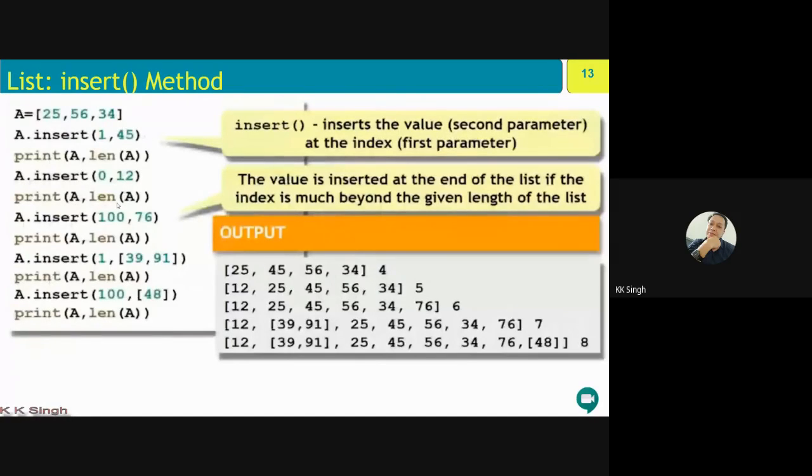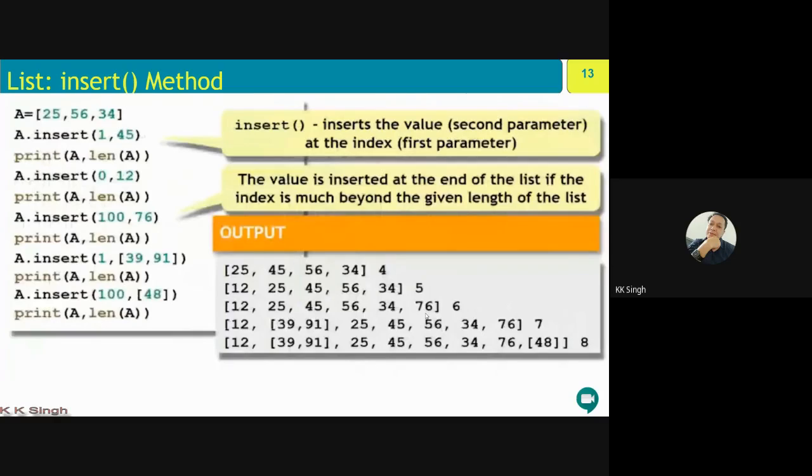But in this statement, the third insert, a dot insert, the index is 100, and you insert it in the end. Append and insert, there are two words. Append means to add the element in the end, whereas insert means the index is required where you want to insert the element.